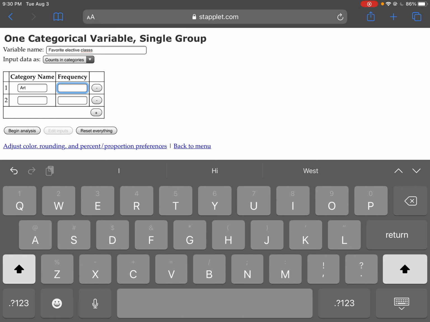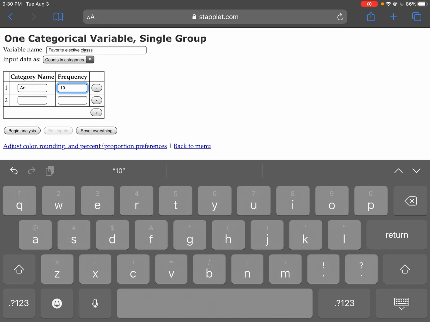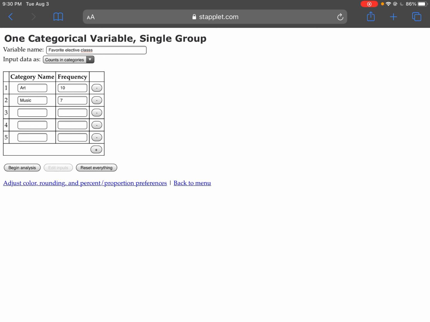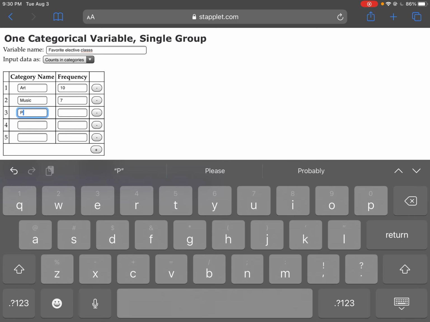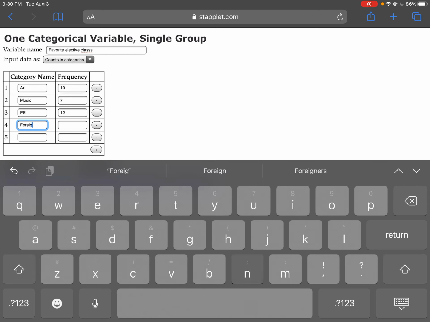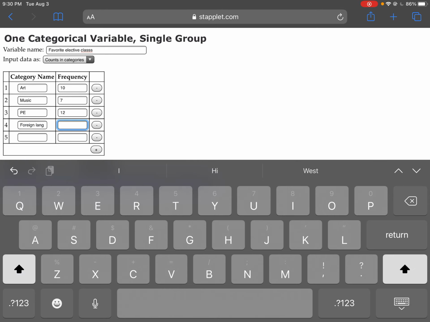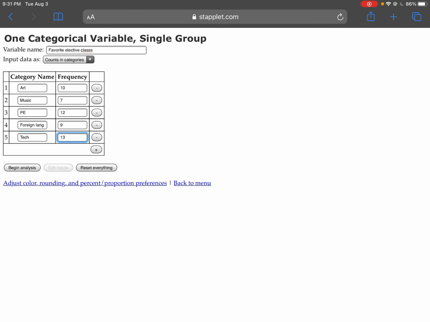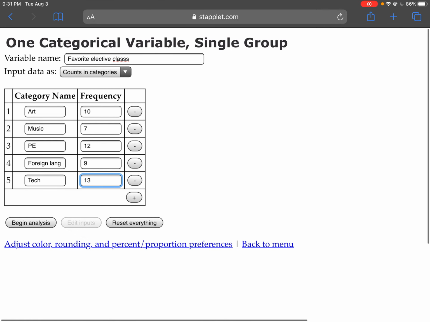We have art, which was 10, music, 7, PE, 12, foreign language, 9, and technology, which we had 13. Now we can just click the button that says Begin Analysis.